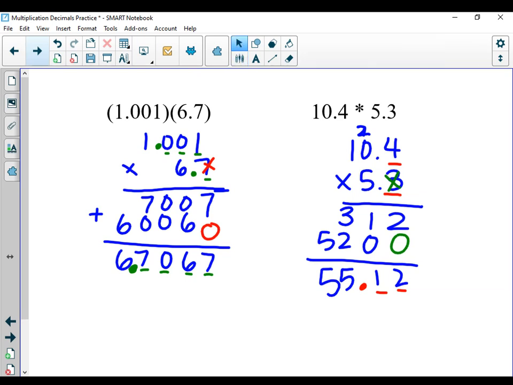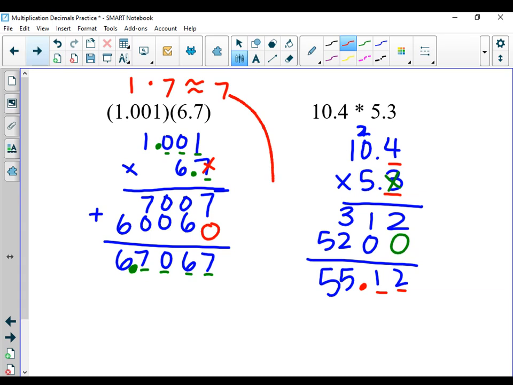Then, remember we were doing that estimating yesterday. We should use that today to do a quick check. I'm going to estimate here. 1 times 7. I should have an answer close to 7. Do I?